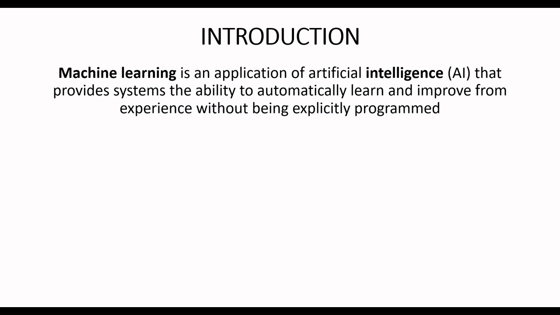So machine learning is basically an application of artificial intelligence. It's not the whole of artificial intelligence, it's a subset where we teach the computer to recognize patterns in data by feeding it examples.